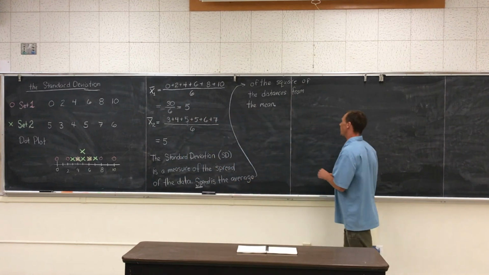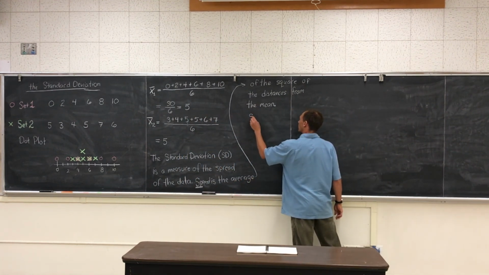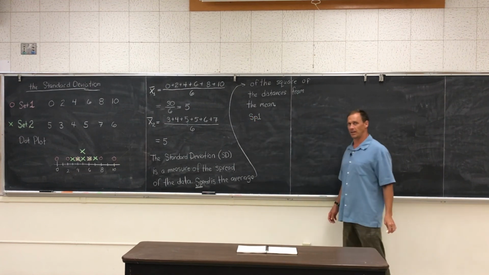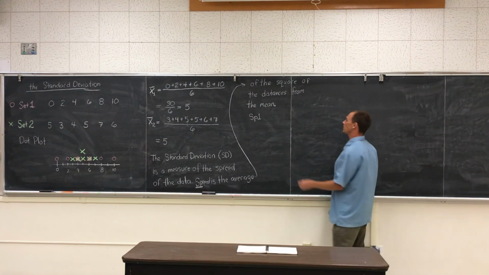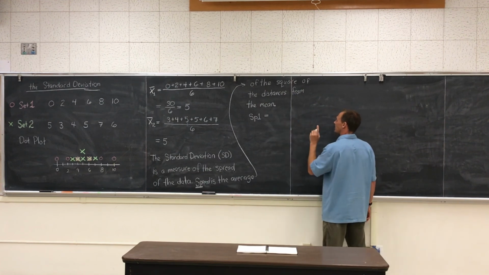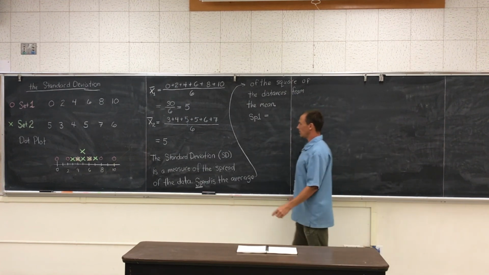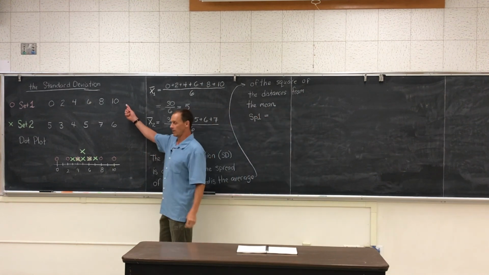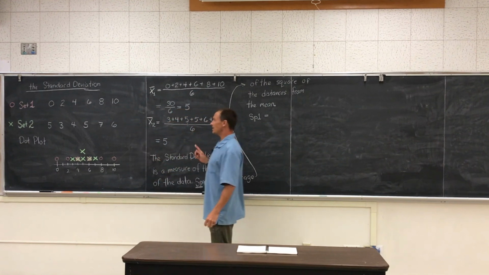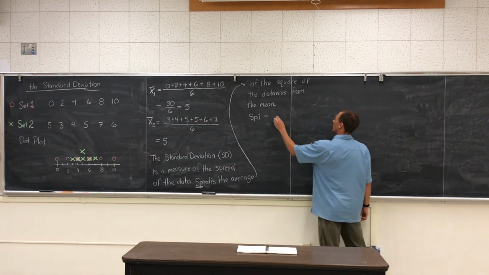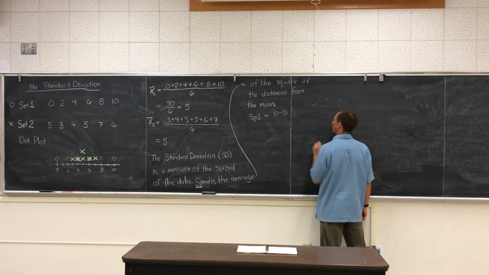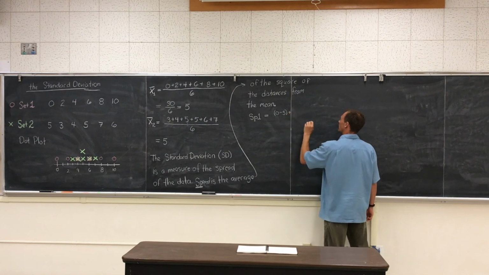So what is our spread? All right, well, I'm going to call it SP1, because we're going to work on the first data set. And let's measure it this way. Well, we know it's an average, and that it's a distance from the mean. So let's take data set 1 with these values, and let's measure the distance from the mean. So the first data value is 0, has a distance from the mean of 5, plus. Let's take the next distance.